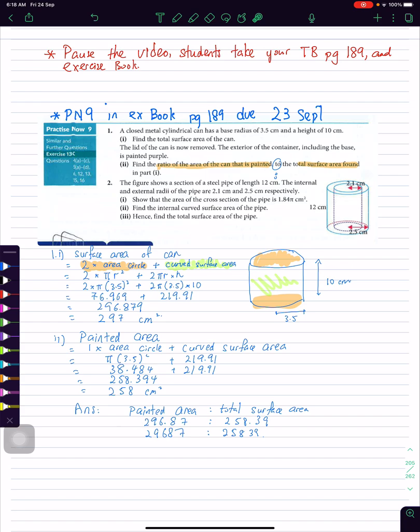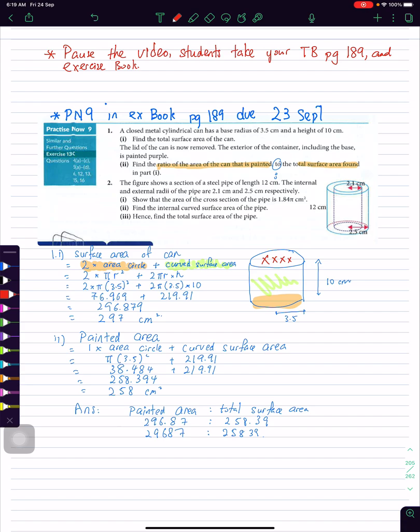Now for the part 2, now they say that they want to remove the lid of the can. So that means there is no more top circle, it's just the bottom circle. And how do I calculate the paint that is needed?